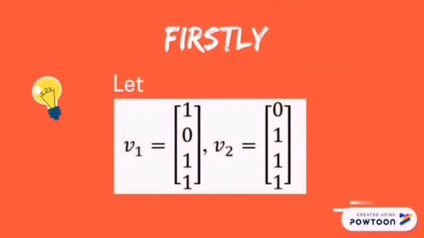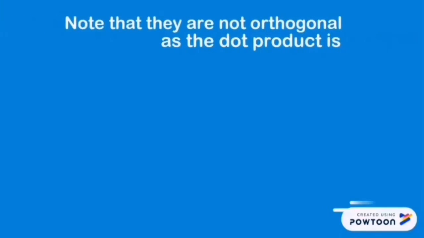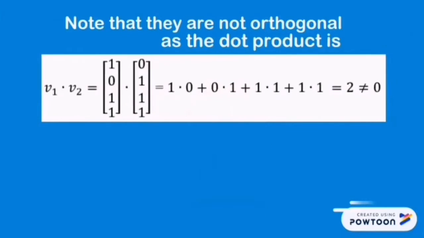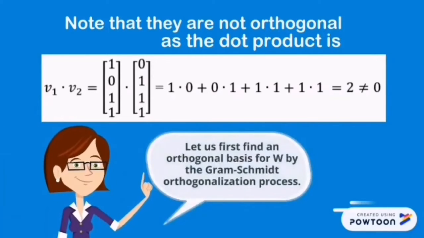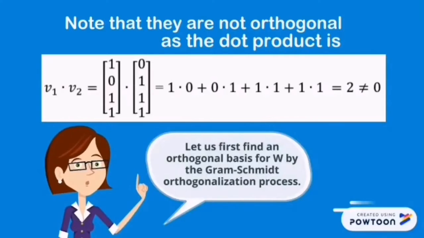Firstly, let V1 equals (1, 0, 1, 1) and V2 equals (0, 1, 1, 1). Note that they are not orthogonal as the dot product V1 dot V2 equals 2 and is not equal to 0. Let us first find an orthogonal basis for W by the Gram-Schmidt orthogonalization process.